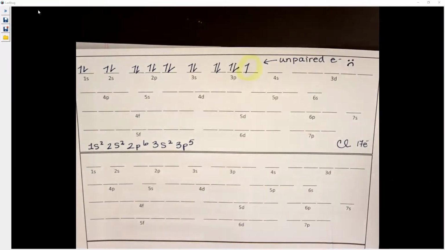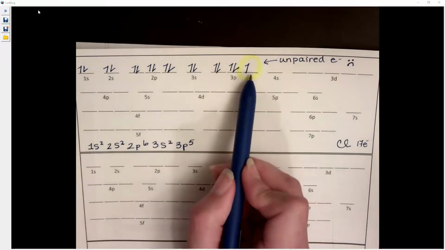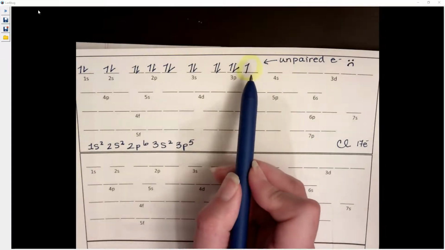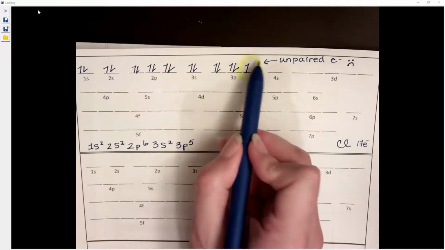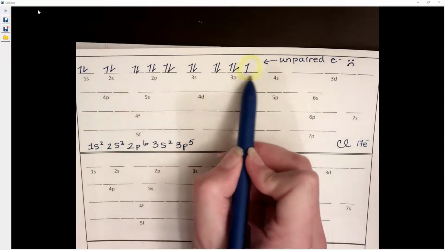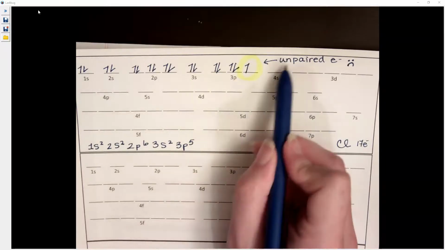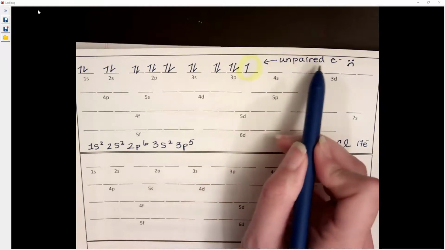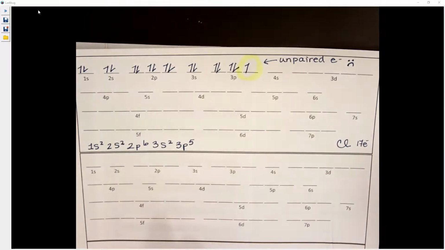Chlorine desperately wants to steal an electron from another atom to fill this missing spot. Chlorine is very reactive. It likes to make a -1 ion because it's trying to steal from something else to fill this gap. So looking for these unpaired electrons can tell you how things behave.